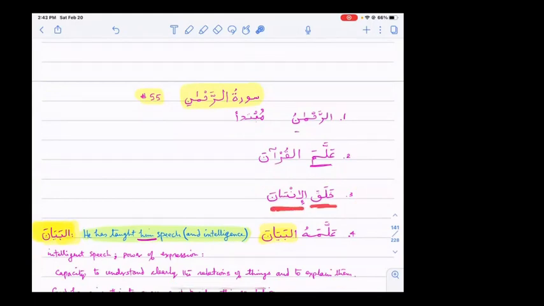So here, the thing which is mahzuf, I will write down, my brothers and sisters: allama, and then al-insana, al-Quran.